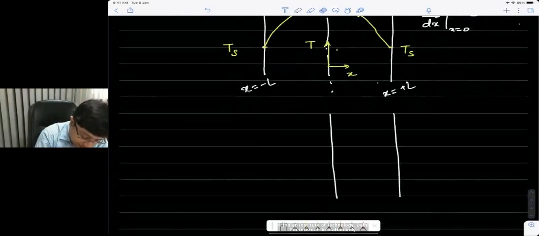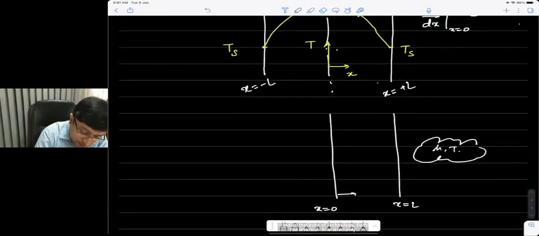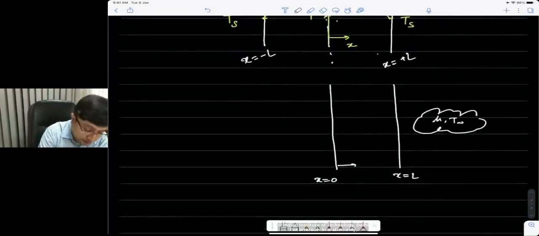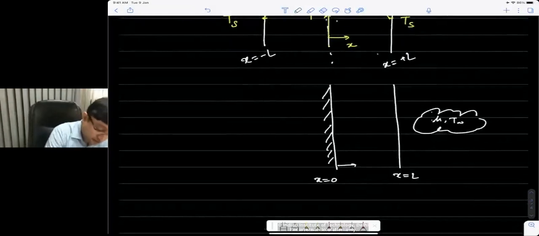So a slab which has a thickness of L only, x going from 0 to x equal to L, except on one end it is exposed to some conditions, and on the left boundary we have insulation, or the boundary is insulated, so there is no heat transfer across that boundary. So this is an insulated boundary.